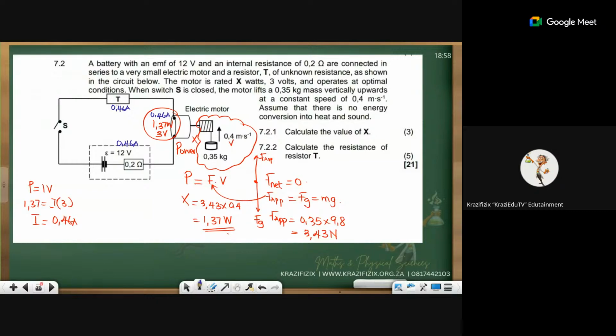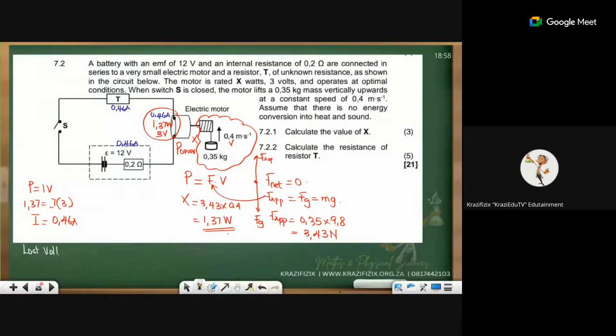Now, from here, there are different ways of calculating. You know what I will do? Just get the lost volts. I want to just show you something. That's one way, but I don't want to go that way. I think it's long. Guys, what is your lost volt? 0.2 times 0.46.